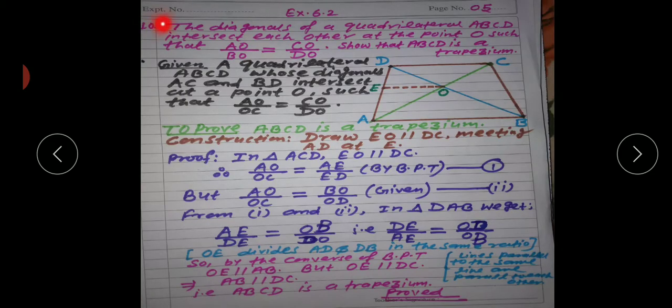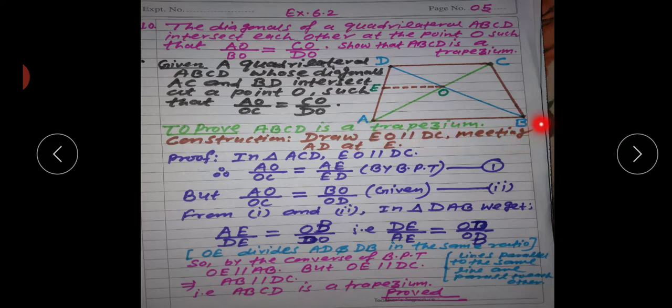Now this is question number 10 of exercise 6.2, and you can solve question number 9 based on this. So let us see what is given in this question. The diagonals of a quadrilateral ABCD intersect each other at the point O such that AO upon BO is equal to CO upon DO. We have to prove that ABCD is a trapezium.